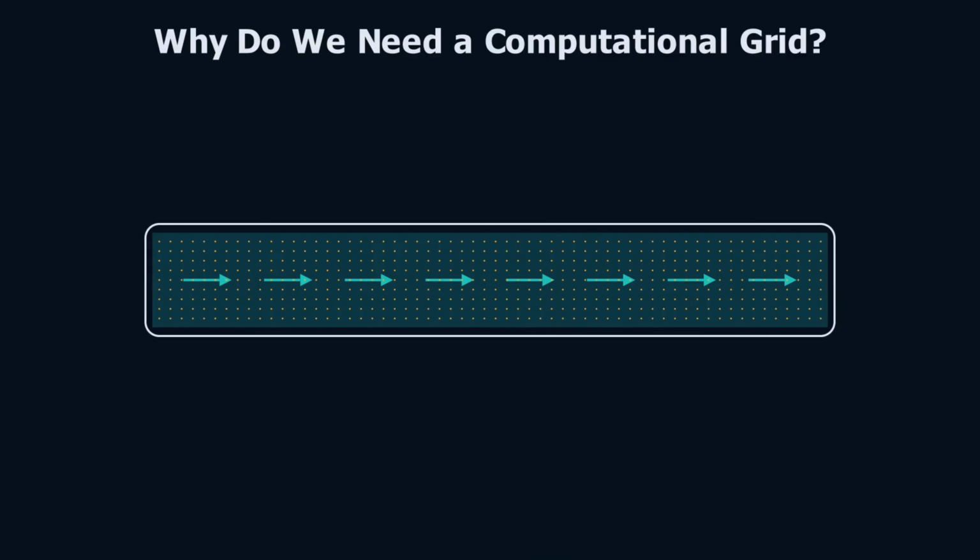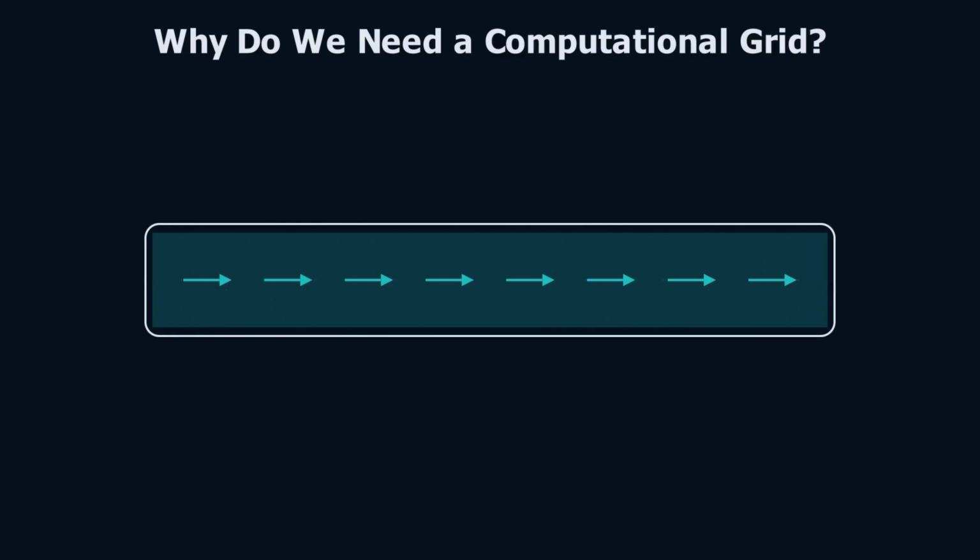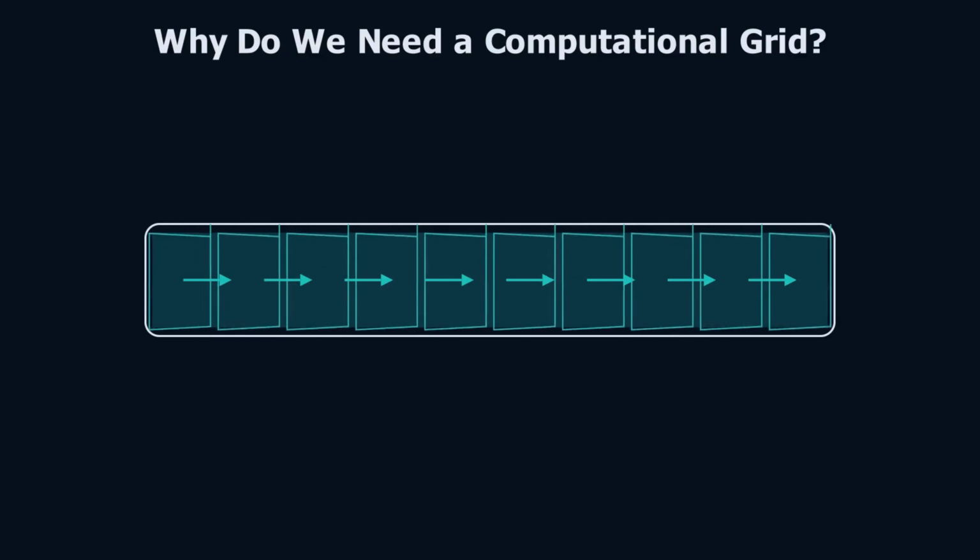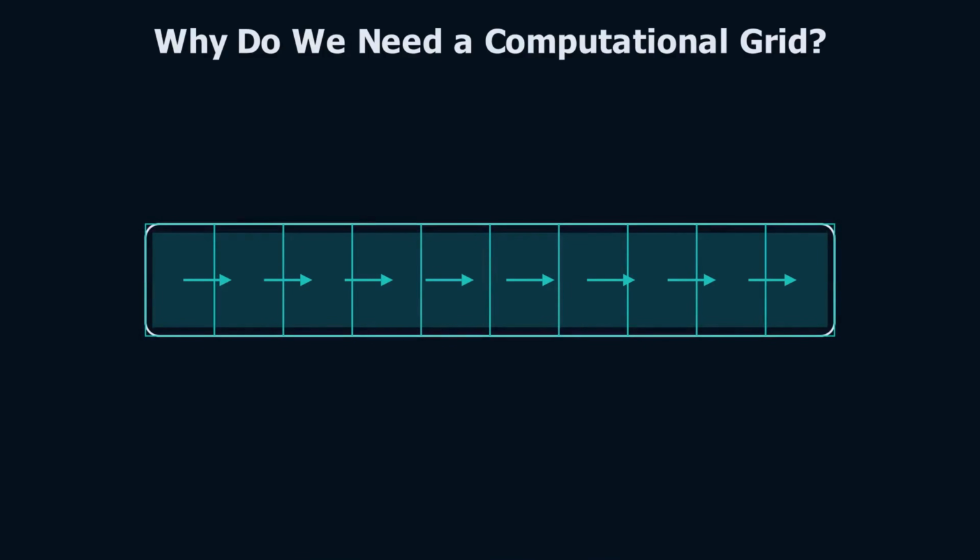The answer is surprisingly simple. Instead of remembering every point, we divide the domain into a finite number of small regions. These regions are called computational cells. Together, these cells form what we call the computational grid. Rather than solving the entire pipe at once, the solver treats each cell as one small problem.